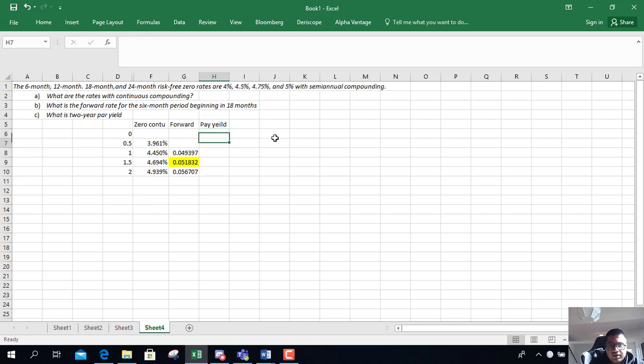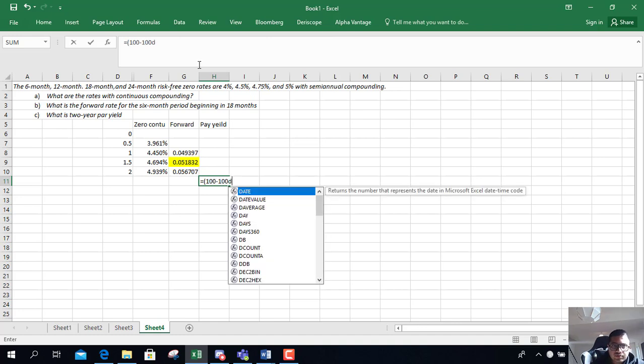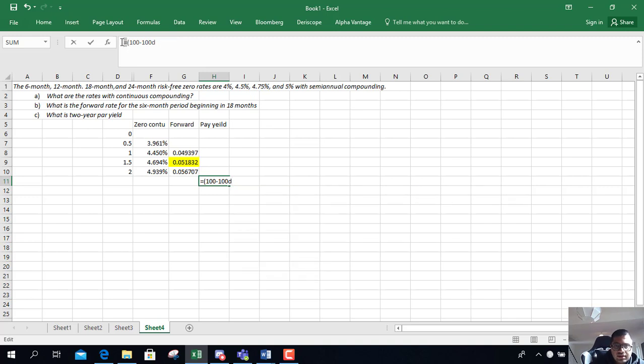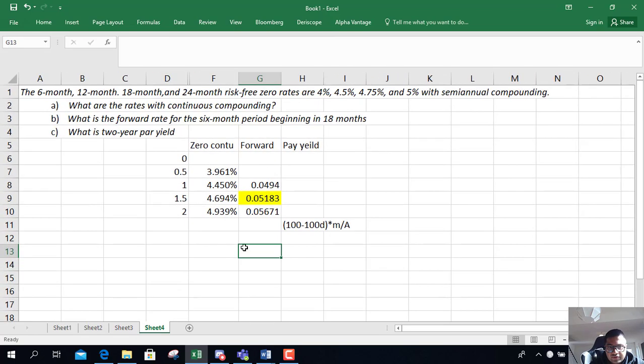Now if you remember the formula for par yield, it is always 100 minus 100D into M divided by A. I'll remove the equal to sign because I'm putting a formula here. We have to find out D and we have to find out A. Now what is D?